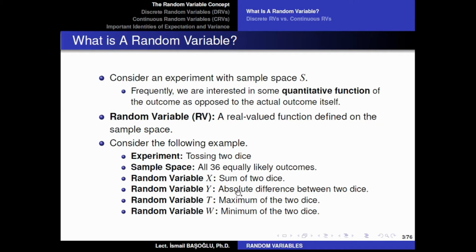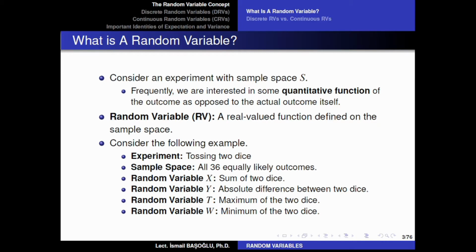So when you get (3,4), the absolute difference between two dice would be 1. Or when you get (5,2), the absolute difference between two dice would be 3. So in that case, you can get different values for these random variables at different outcomes. This is dependent on how we define the function itself, how we define the random variable itself.